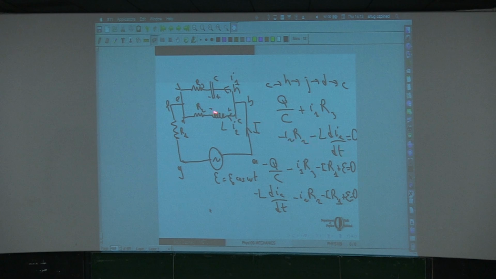Well, that is how we are just summing the energy lost from this point to this point. It lost the energy, Q over C, from this one to this one. This is how much it lost. From this one to this one, it gained energy, and gained energy by this much. But again, we can write a minus loss. So that's why I put a minus sign over here.